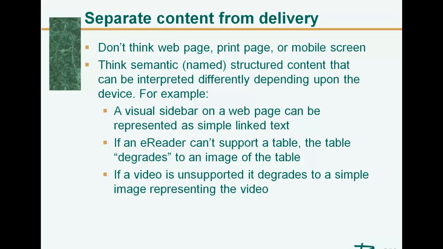Well, the software's smart. It says, hey, if I can't effectively display a table, it degrades, which means it provides an alternate solution, an image of the table. Then you can zoom and expand that image so that you can actually read the table, as opposed to having real problems where the columns are breaking strangely and wrapping oddly because you scaled down the size of what you're looking at.